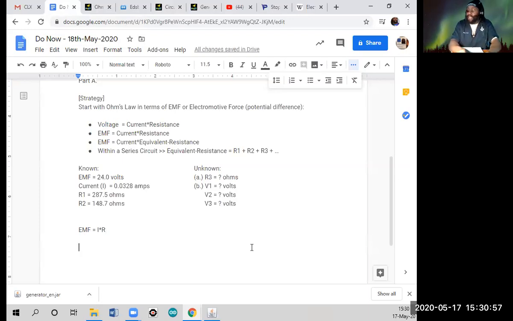You could also say that EMF, and I mentioned this earlier in the above description of what you need to know in the bullets, can be equal to the current I multiplied by your REQ, or your equivalent resistance, right? So another value of A you got to find is what? Your REQ, right?